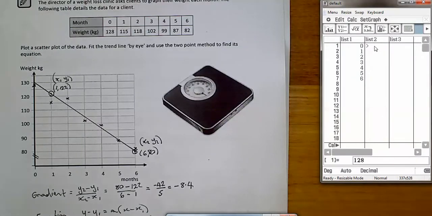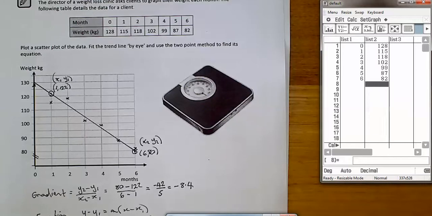Now each piece of Y data has to be next to the correct corresponding X data. Okay, make sure you've got all your data there. Make sure it's all entered correctly, and then we're ready.